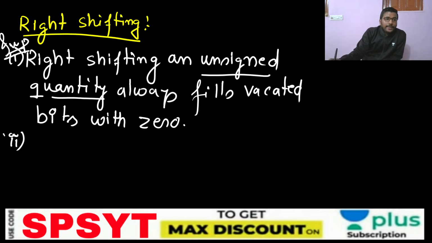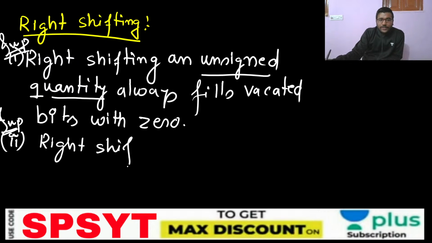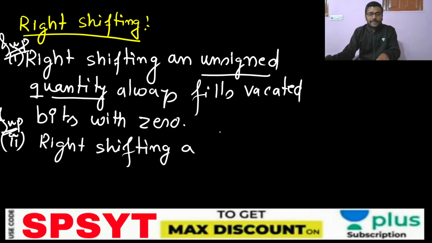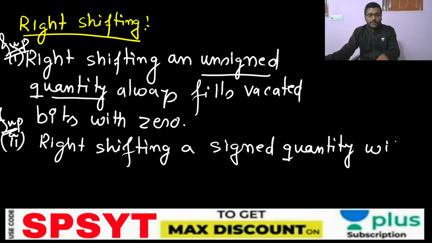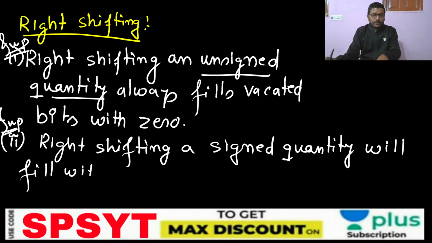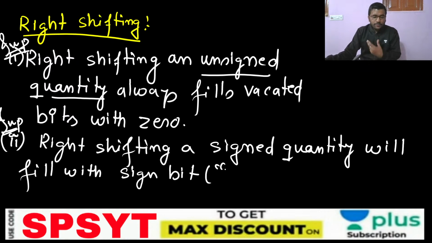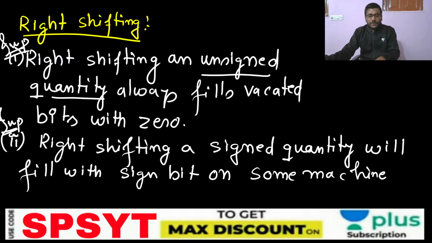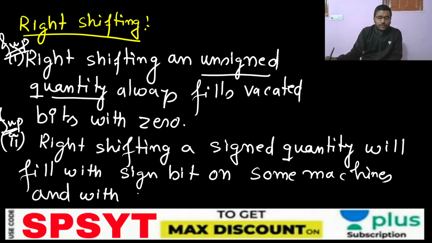But in case of signed, it is machine dependent. Right shifting a signed quantity will fill with the sign bit on some machines, and on other machines it will put 0 bits.